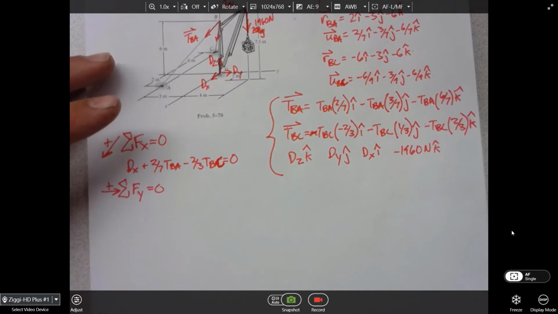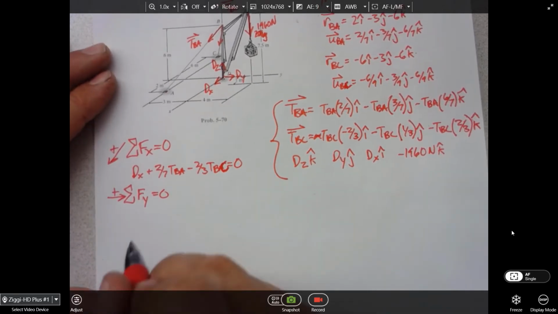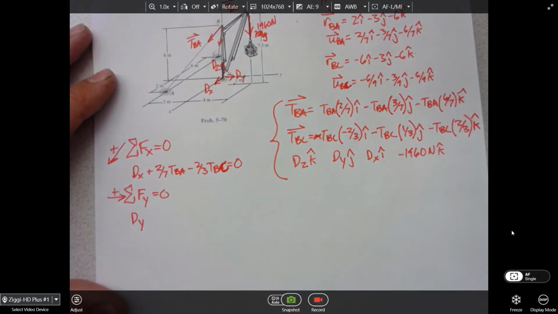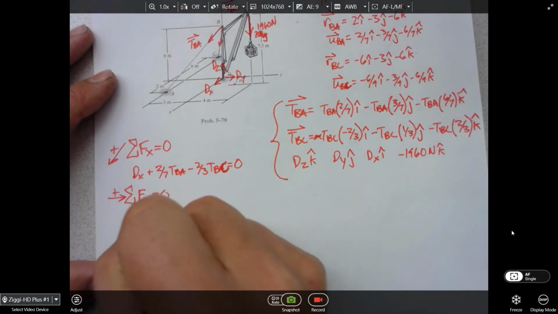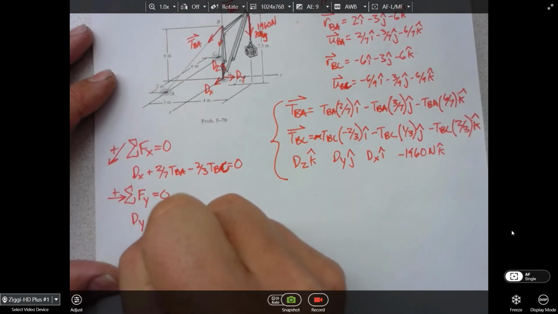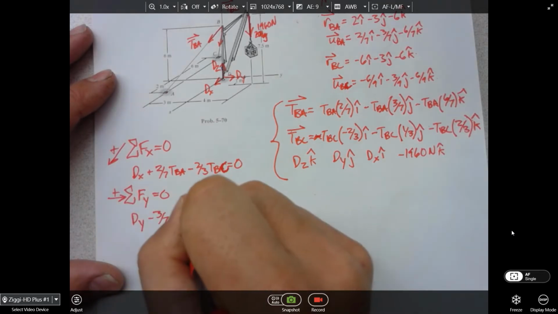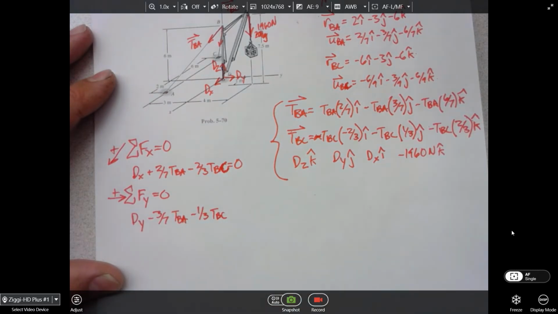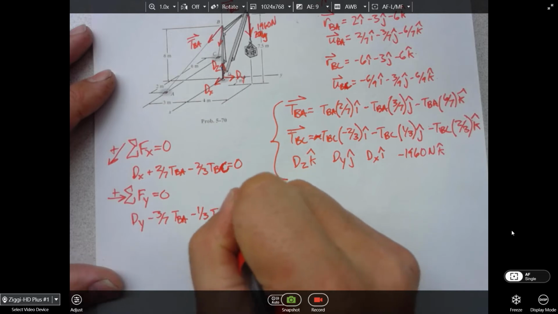Or an equation, I guess? dy, that's a good place to start in the y direction. dy. Anything else? Minus 3/7 TBA. Minus 1/3 TBC. Equals 0.